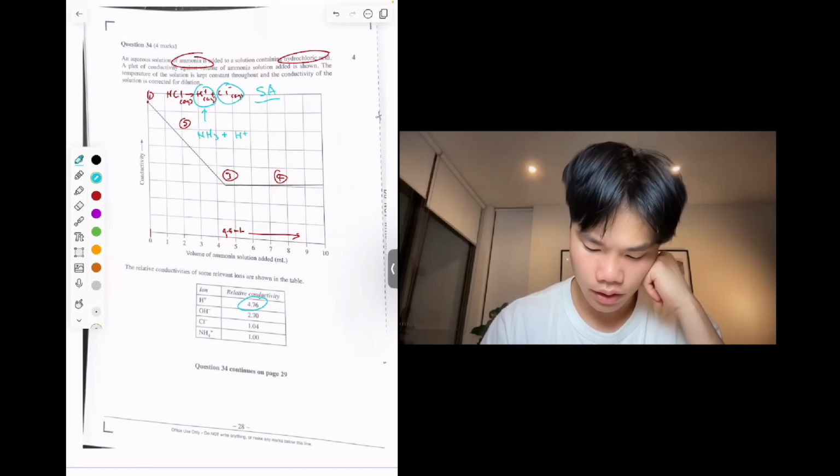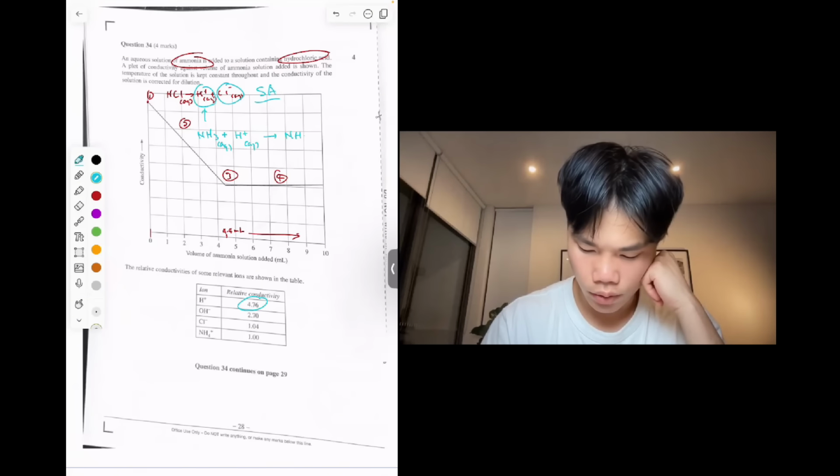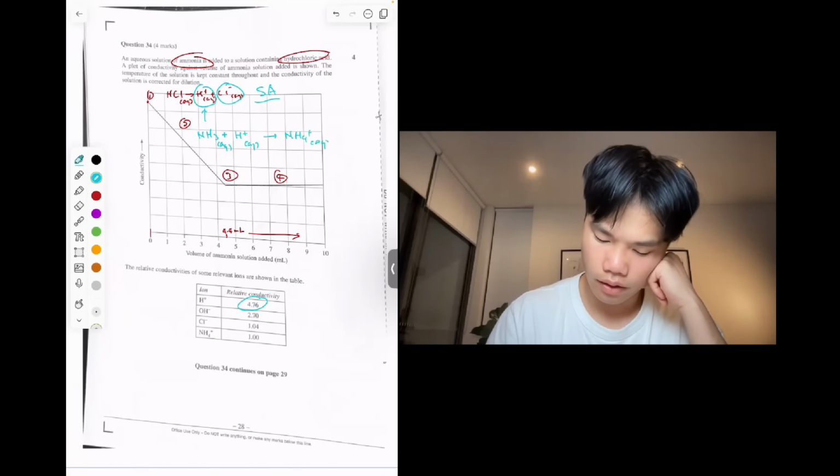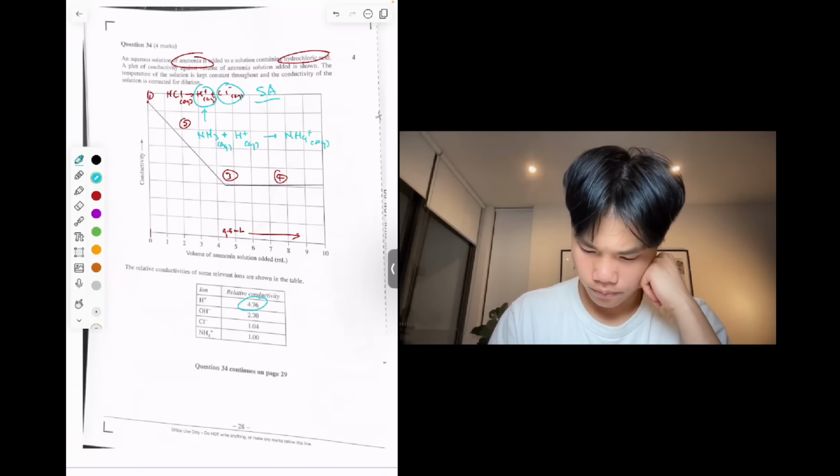NH3 plus H plus goes to form NH4 plus as a net ionic equation.